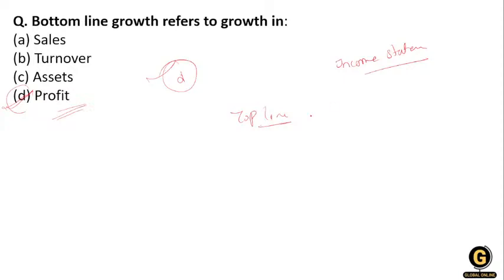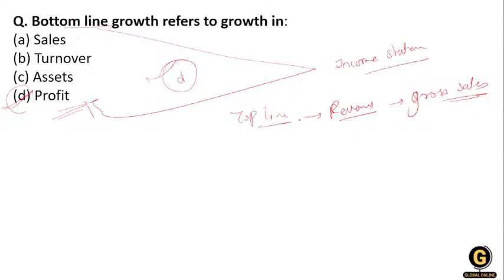Top line refers to the company's revenue, you can say your company's gross sale. So bottom line shows your company's income statement, which ultimately shows the profit. Top line is for the revenue, and revenue is from the gross sale, before deduction of operating cost.